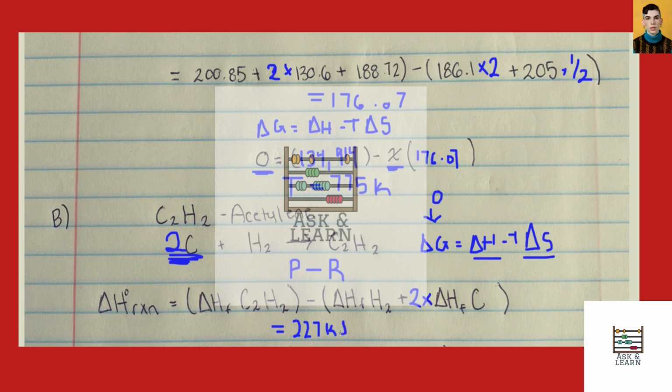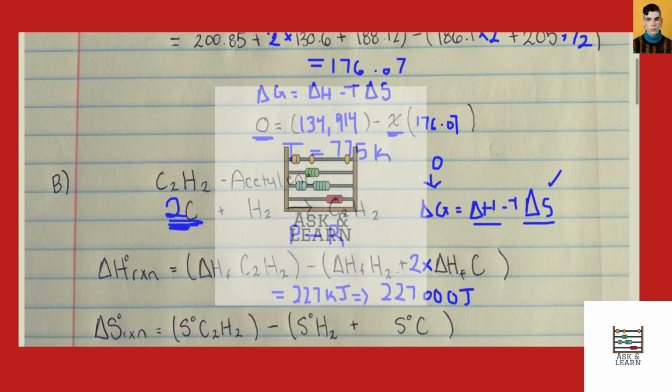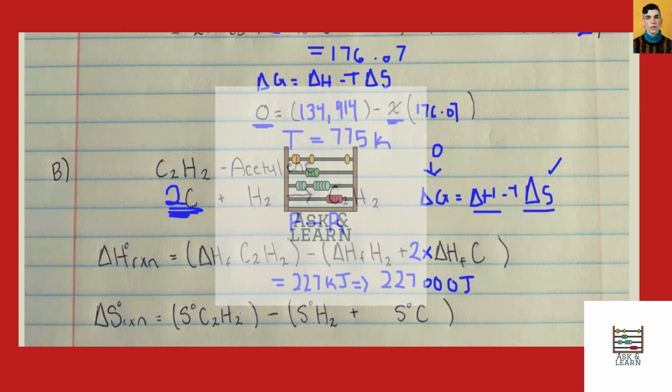And just like last time, we're going to want to change this into joules since we know that delta S is usually given in joules. So that is going to come out to be 227,000 joules.